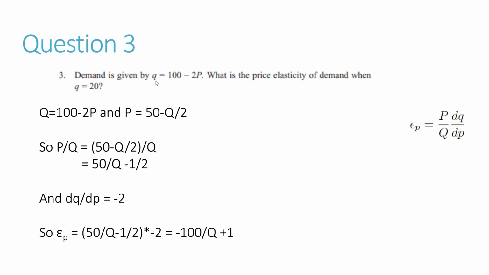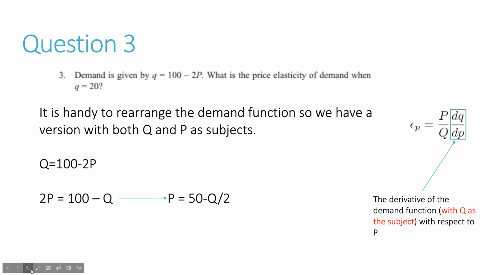So we have Q as the subject in the question. We can easily rearrange this to have P as the subject, and we get this following equation here. P is equal to 50 minus Q over 2.